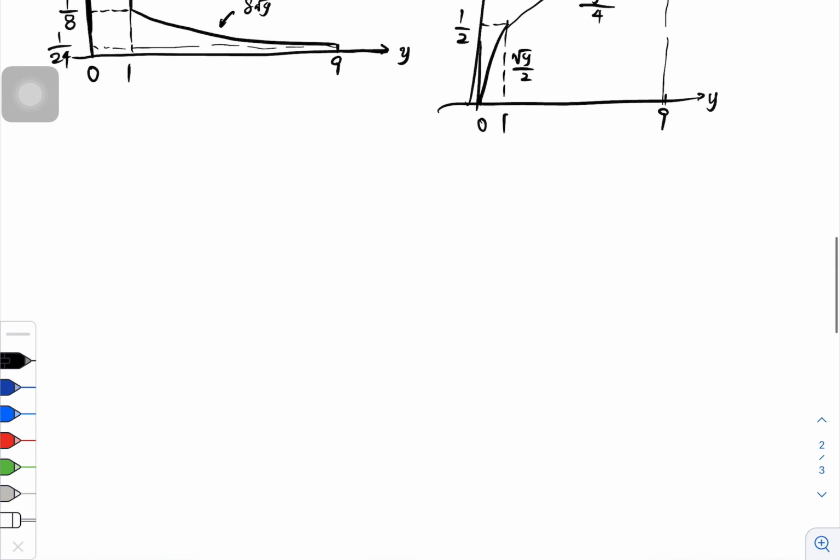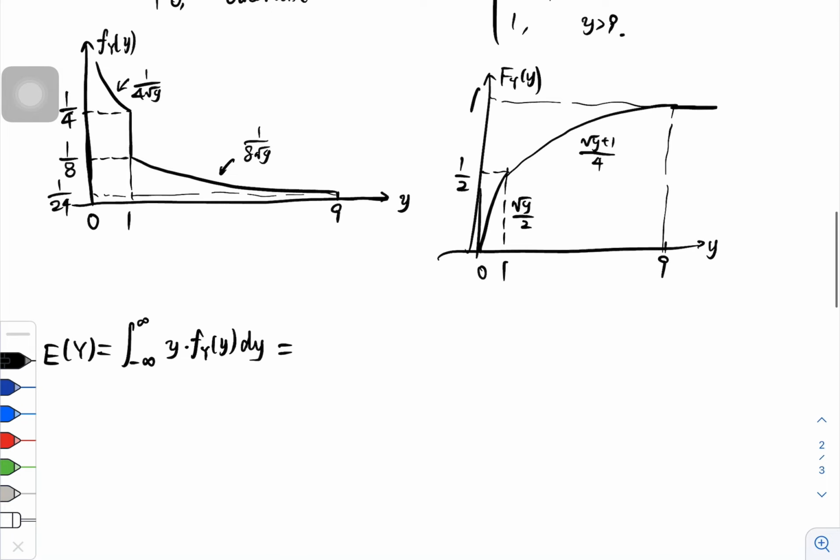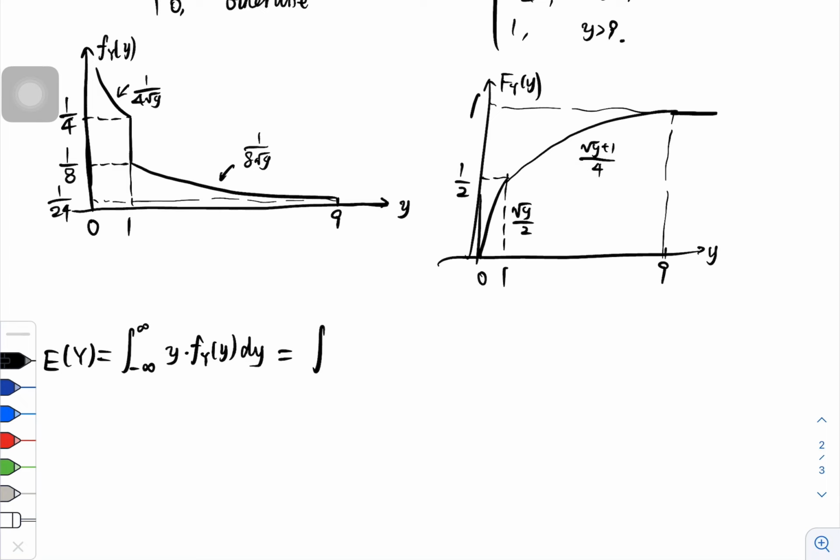Finally, we calculate the expectation of y. It is y times the density function, and these two parts we just do the calculation like this.